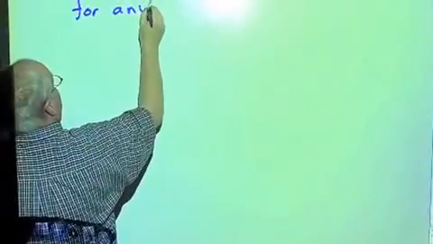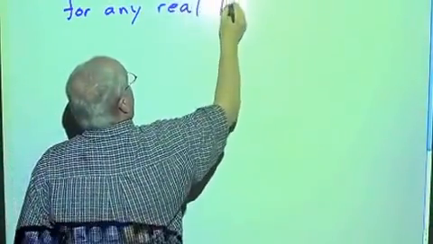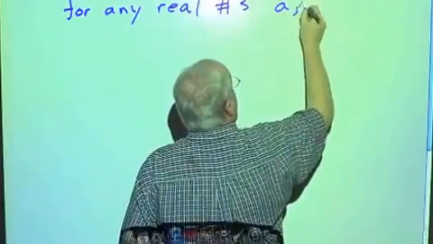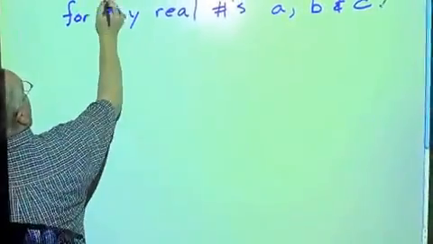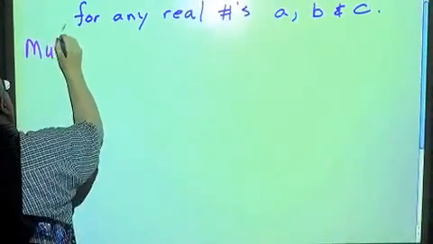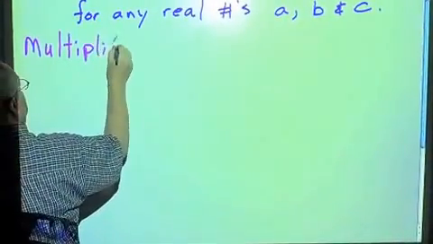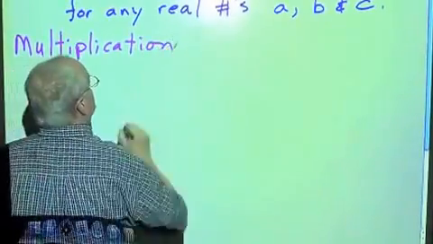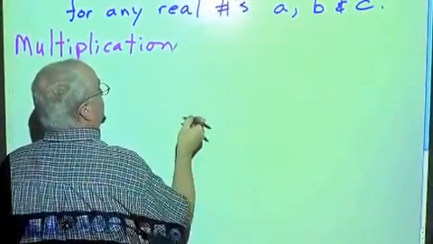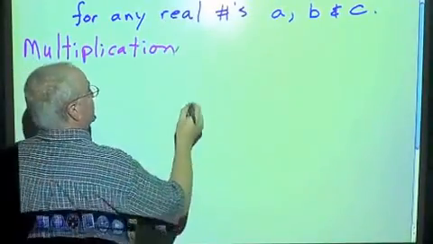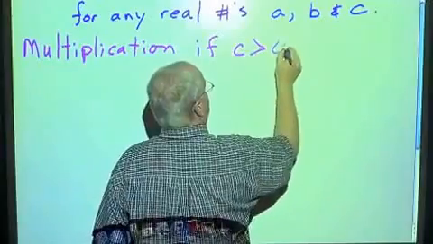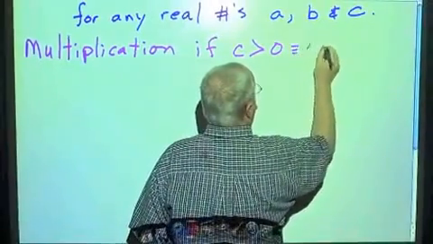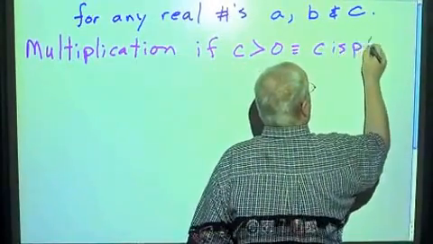Let's go back up and for any real numbers A, B, and C. Okay? Let's talk about multiplication. Alright? We have to talk about two different cases. If C is greater than 0, that means C is positive.